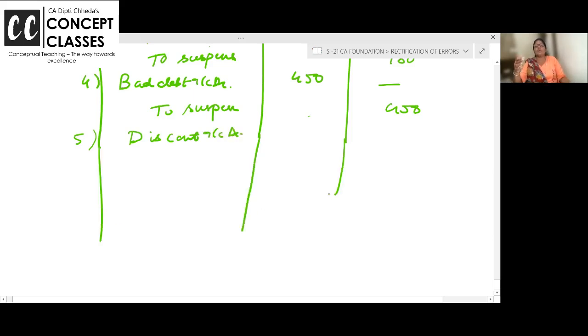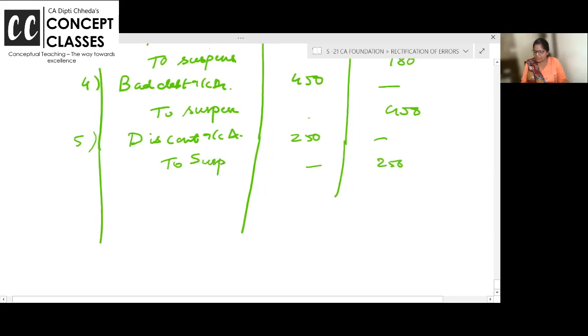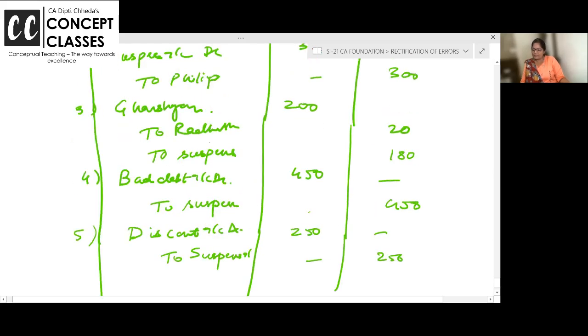When you give discount, you credit the party. So the party is correctly credited. Discount allowed is not debited, so debit it. 250. To suspense account, 250. Nice and all clear.